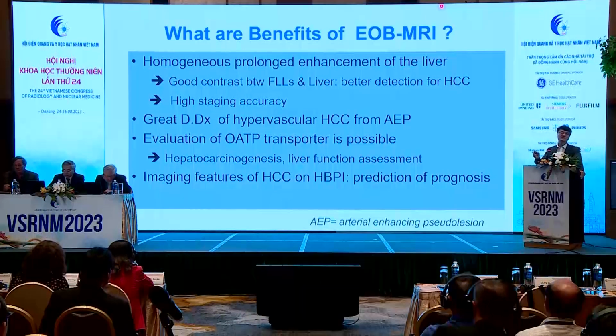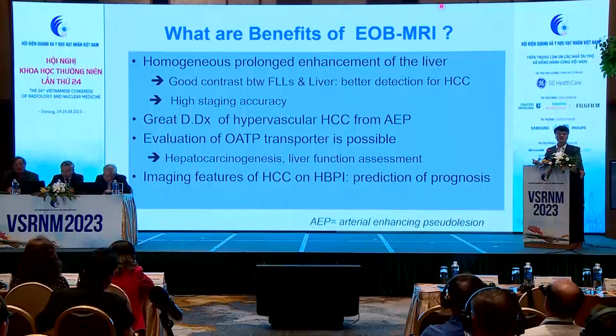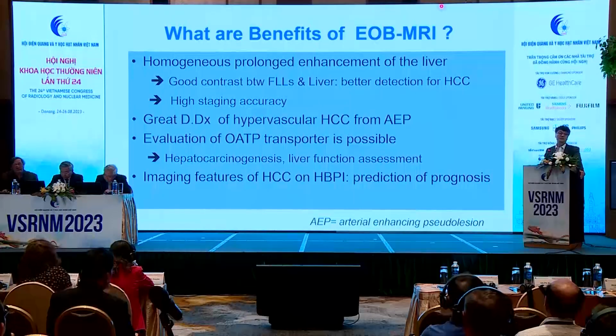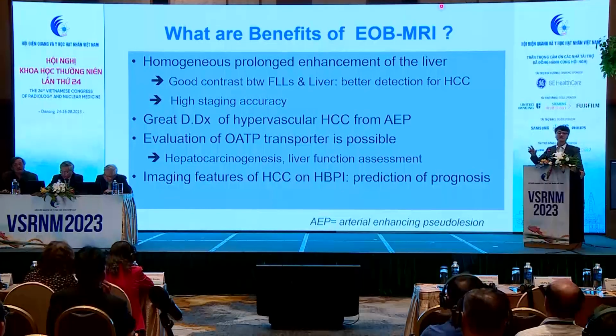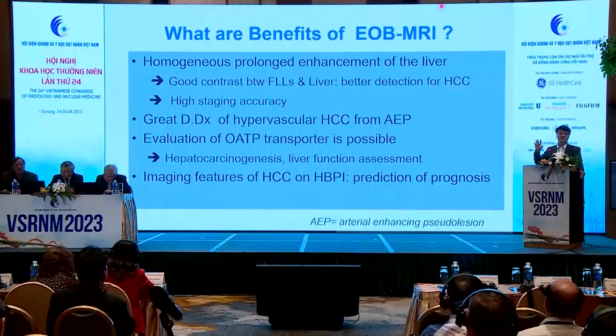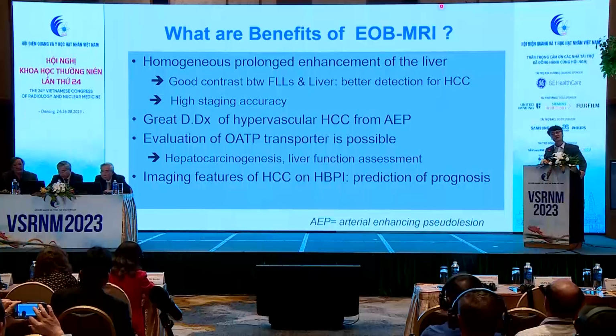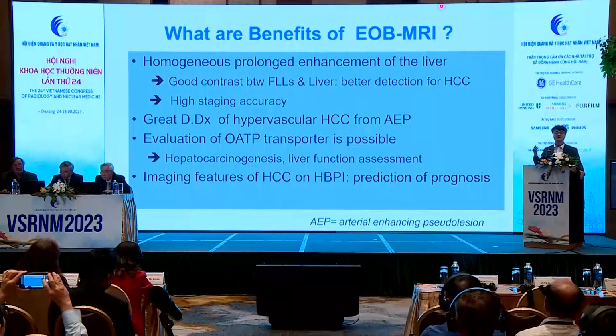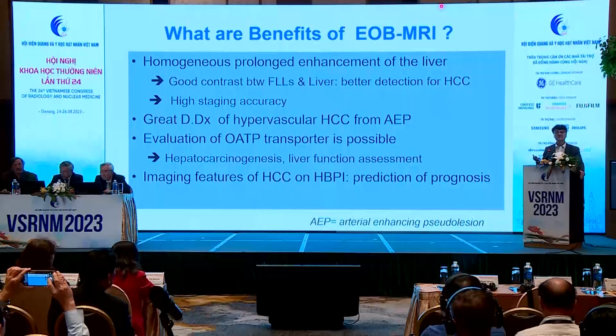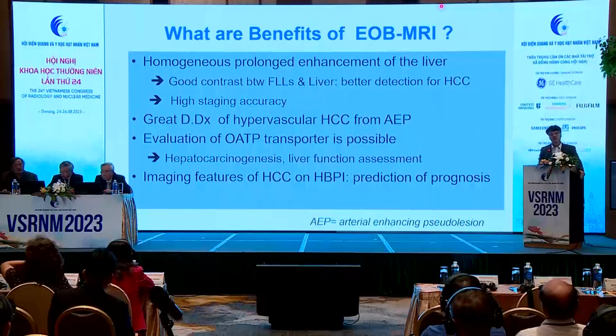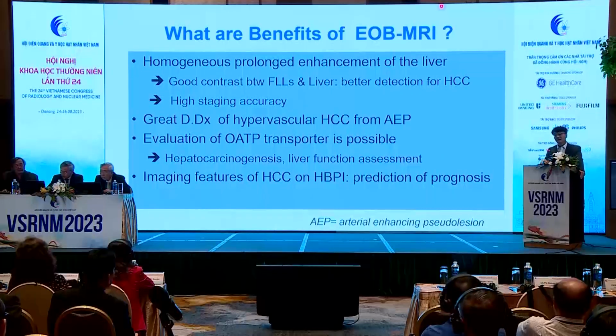Most malignant lesions, including HCC, do not have OATP transporters. On the contrary, hepatocytes have OATP transporters on the cellular membrane. So the liver enhances very homogeneously and also with a very strong degree.